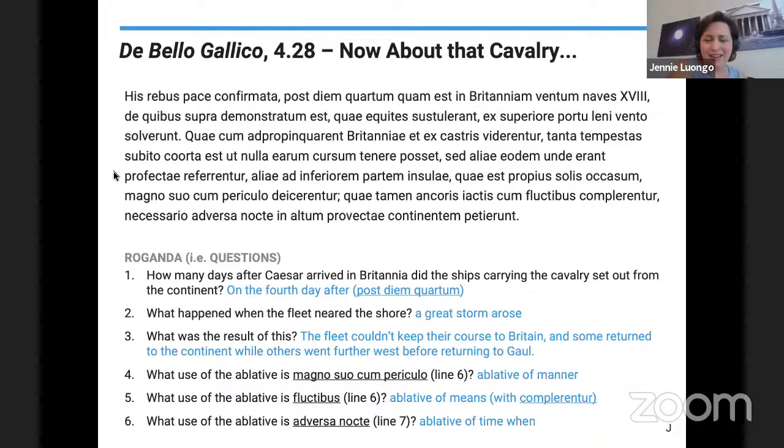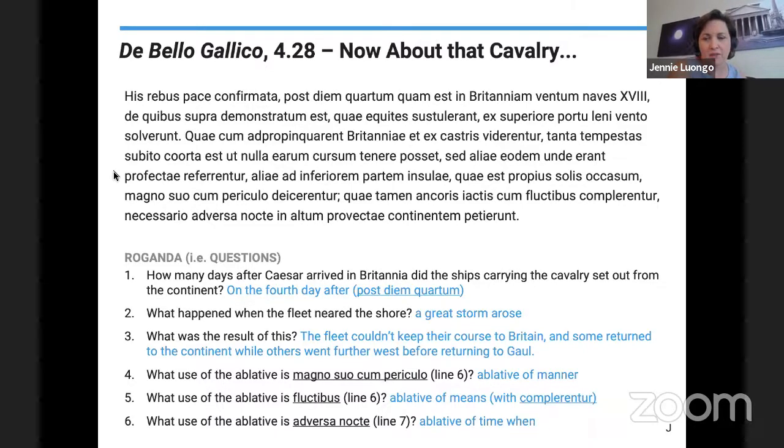And so then we learn that some of these ships that were driven to the west, with their anchors thrown out, ancoris iactis, complerentur, they were filled fluctibus, with waves, so with water, basically. So with complerentur, that takes an ablative of means.